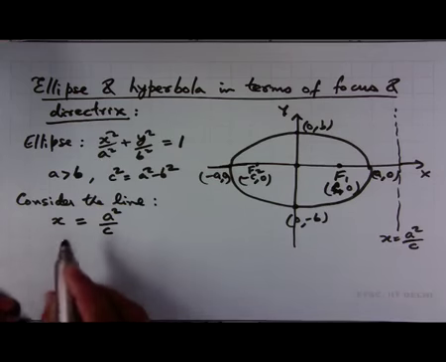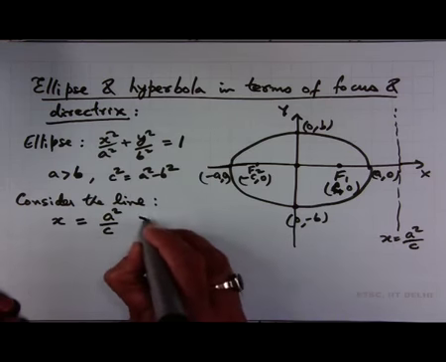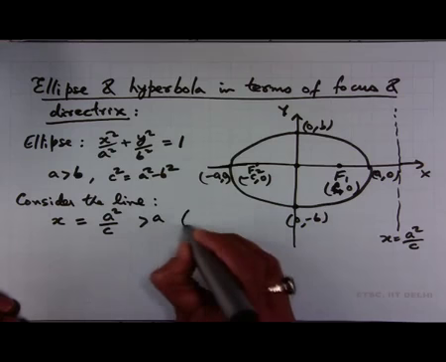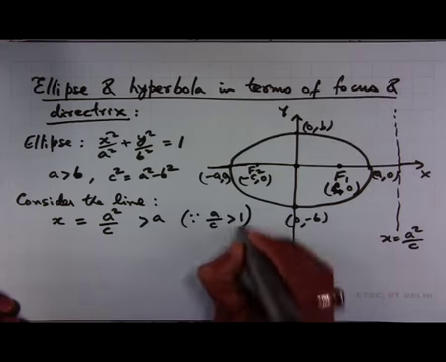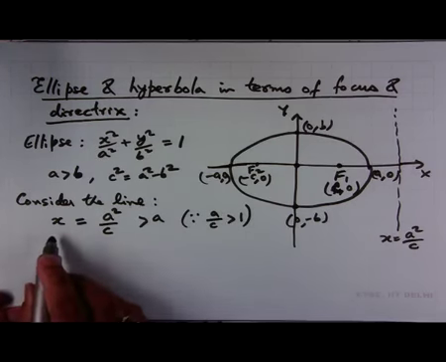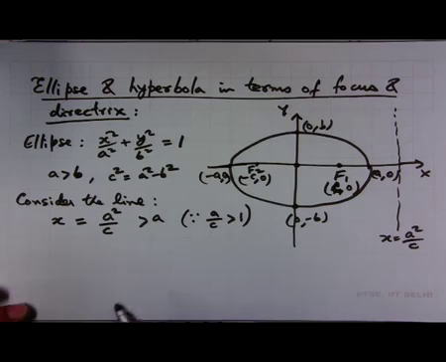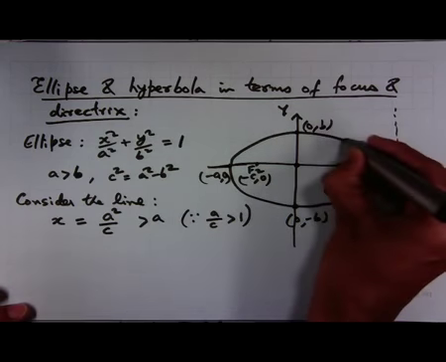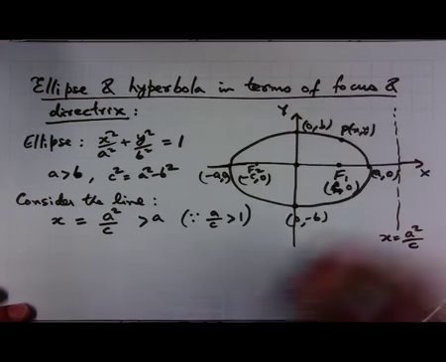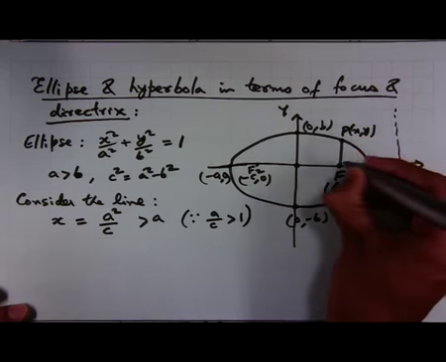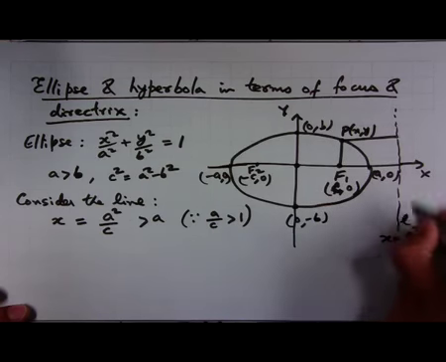Note that since a is greater than c, this will be greater than a, since a by c is strictly greater than 1. So, this line x equal to a square by c lies on the right of this ellipse. Now, if we take any point P (x, y) on the ellipse, let us look at the distance PF1 and the distance to this line, PL.